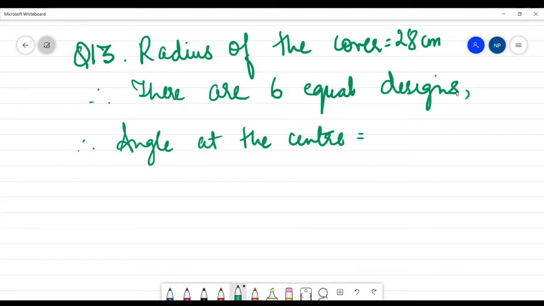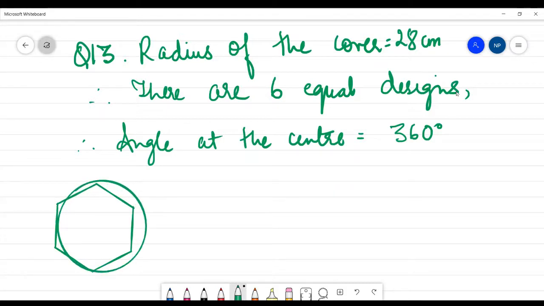Okay, so angle at the center will be how much? 360 degrees. Now since it is forming a hexagon figure, if you may see, and this is the circle that it is encompassing.